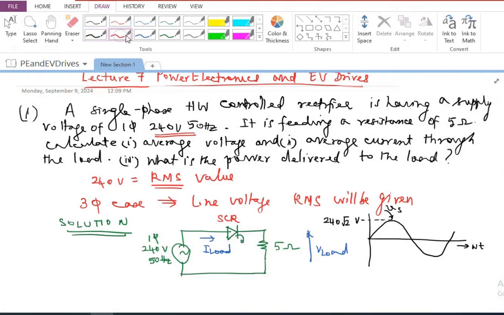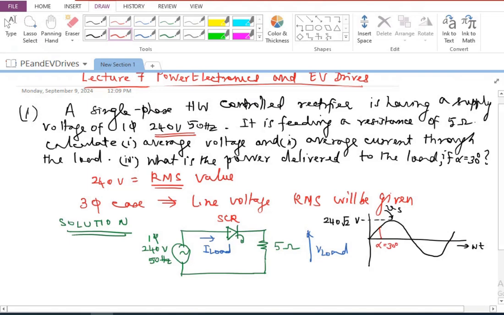So let us say alpha equal to 30 degrees. So firing angle is given as 30 degrees, and this is the point at which alpha is equal to 30 degrees.